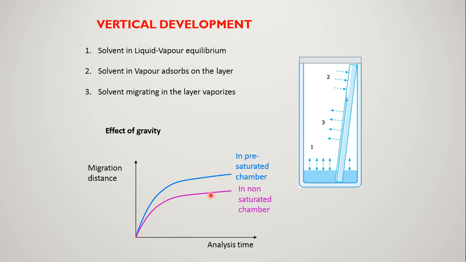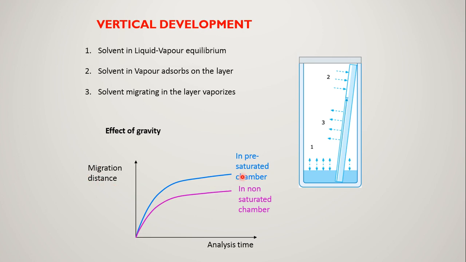So this is a graph shown for the migration distance of solvent during development. This migration distance means whether the solvent is migrating faster or slower over the stationary phase.